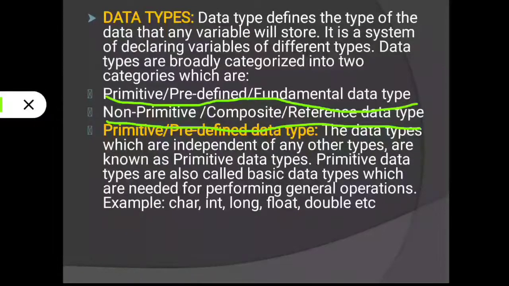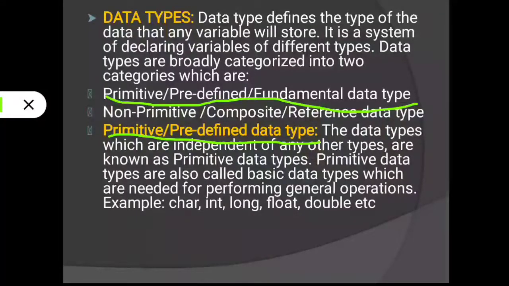First is primitive data type. The data types which are independent of any other type are known as primitive data types. This primitive data type does not depend on any other data type. It is a built-in data type which has already been stored in the Java library, and we use it to declare variables.